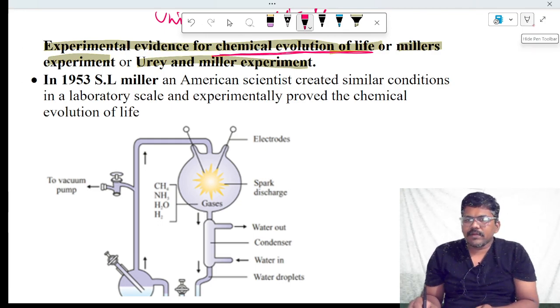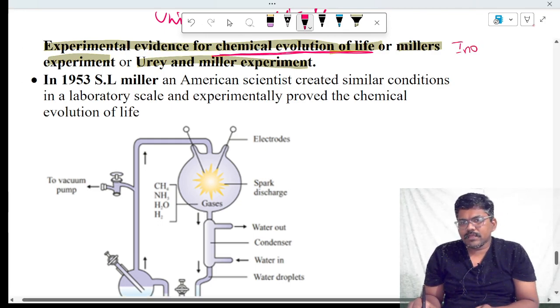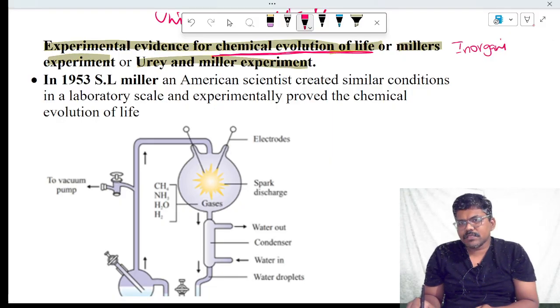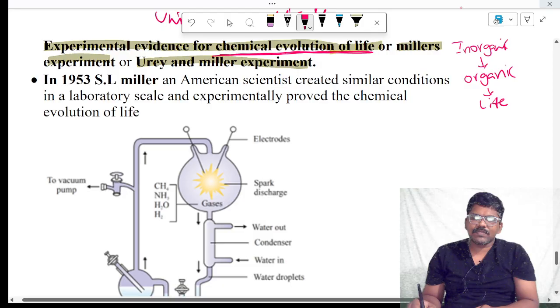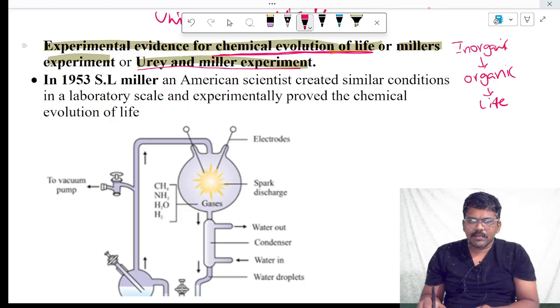According to it, inorganic substances were converted into organic molecules, and organic molecules were converted into life. That is the chemical evolution of life, which is experimentally proved by the Urey and Miller's experiment.